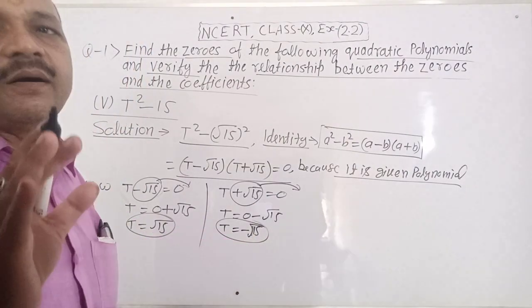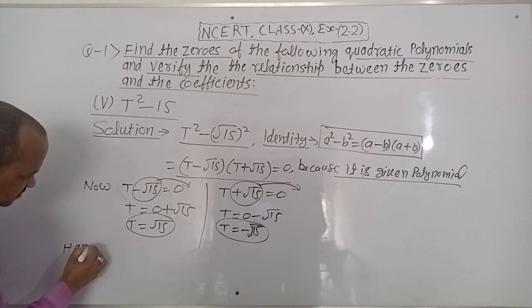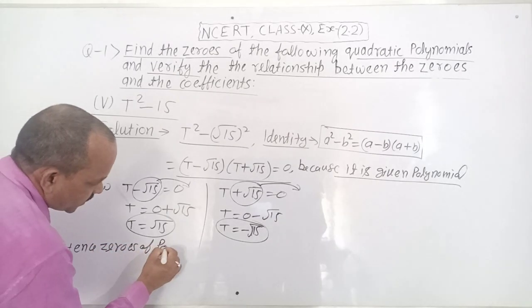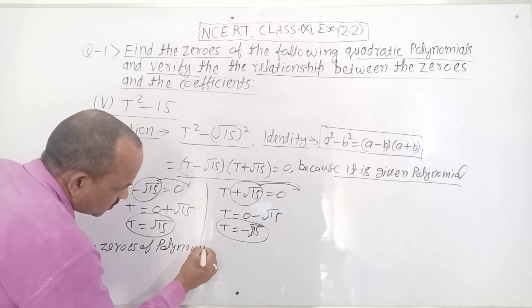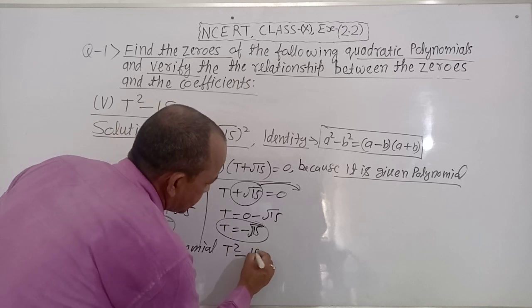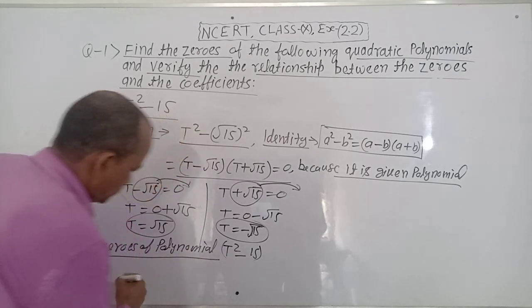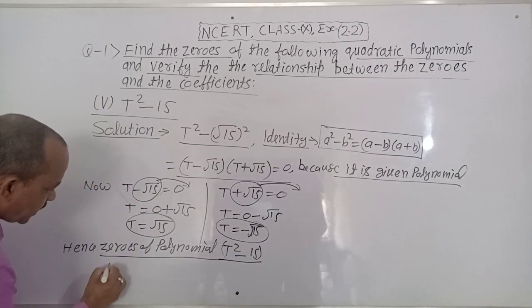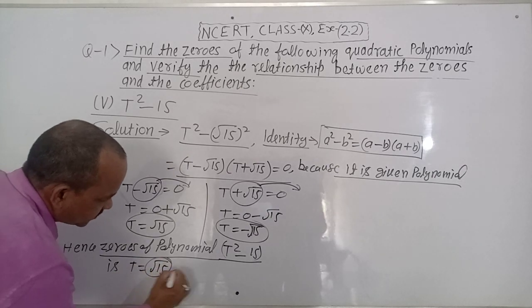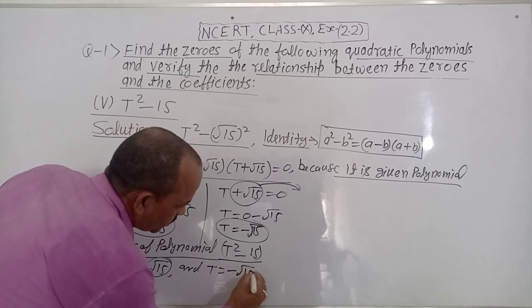It is zeros of polynomial. Hence, zeros of polynomial t² − 15 is t equal to root 15 and t equal to minus root 15.